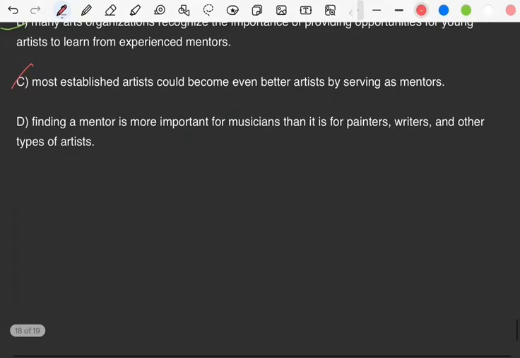Next one is: finding a mentor is more important for musicians than it is for painters, writers, and other types of artists. The passage says there are numerous organizations that offer similar kinds of support to painters, writers, and musicians. This suggests that mentorship is being provided equally across all forms of art, and no one art form is more important than the other. So I'm going to eliminate this answer as well.